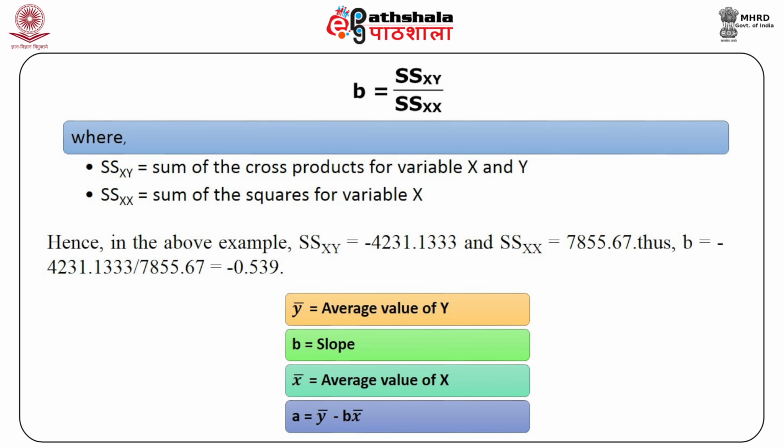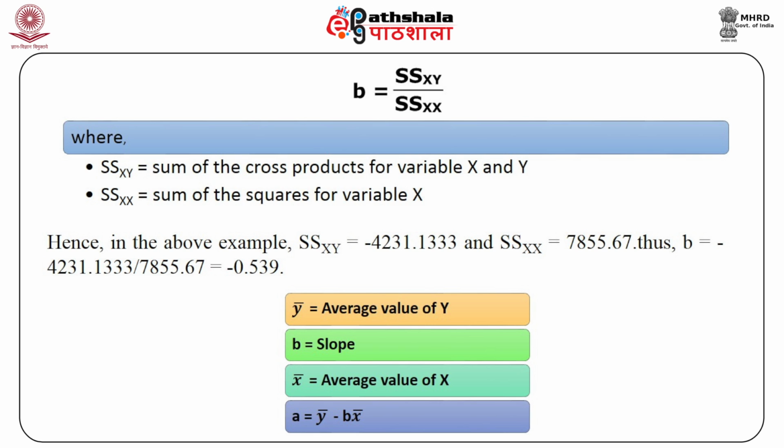In the above example, we shall take the liberty of presenting the data as SSXY equal to 4231.13333 and SSXX as 7855.67.